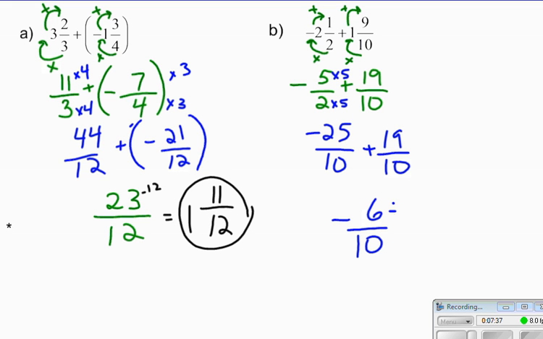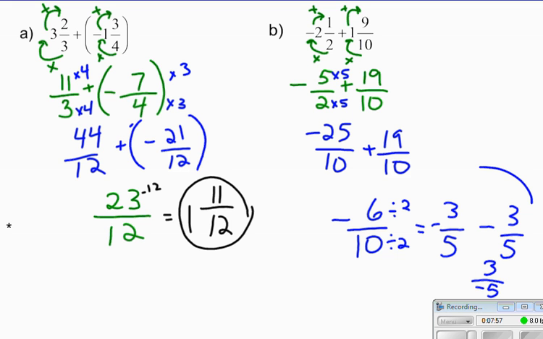Or I notice that both of these are even, so they can be divided by 2. I get -3 fifths. And it doesn't actually matter where the negative sign goes. So you could put -3 over 5, or 3 over -5. Those all actually represent the same value. They're the same thing.